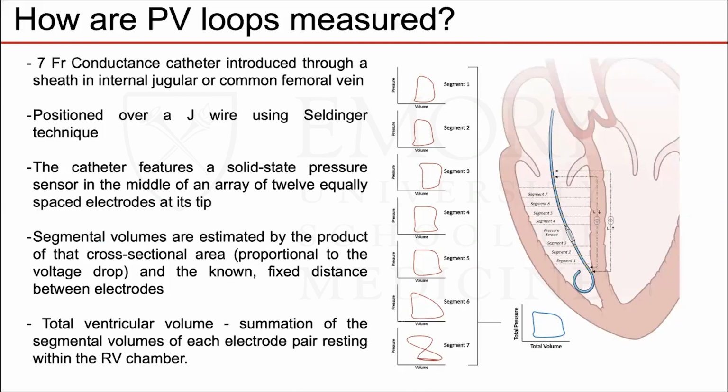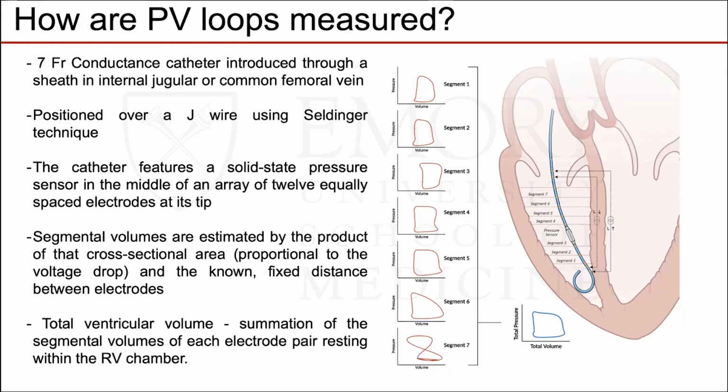How are they measured? Usually a 7 French conductance catheter is introduced via a sheath in the internal jugular or common femoral vein. It is positioned over a J wire using Seldinger technique. The catheter has a solid state pressure sensor in the middle and an array of 12 equally spaced electrodes at its tip.